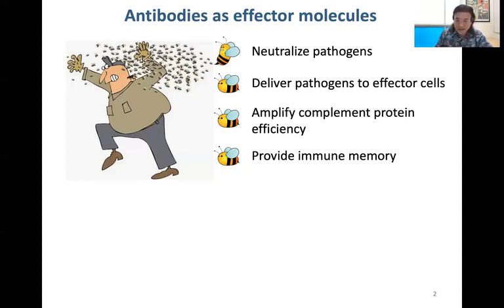One important way that antibodies work is they amplify or enhance the function of your complement proteins. Remember, at the start of any infection, your innate immune system has sort of first crack at it, right? Because your complement proteins, macrophages, most of the time are pretty successful in opsonizing bacteria or viruses and then phagocytosing or destroying them.